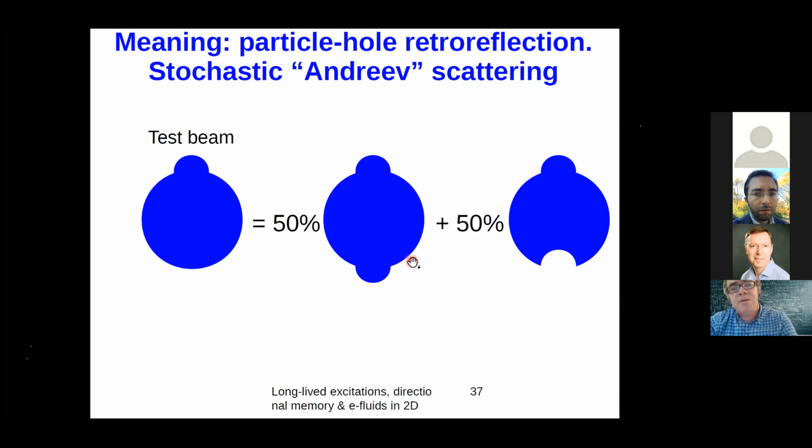Then a convenient thing to do is to decompose this distribution into a statistical mixture of even and odd, like so, by adding a bump on this side and an anti-bump with equal probability.